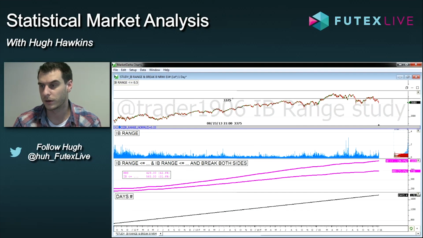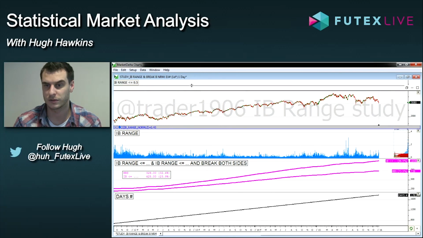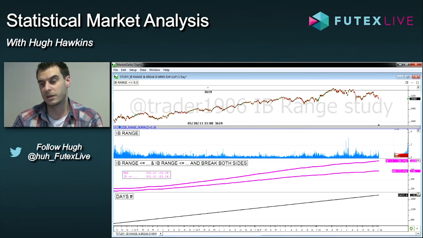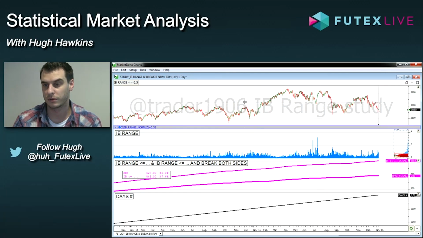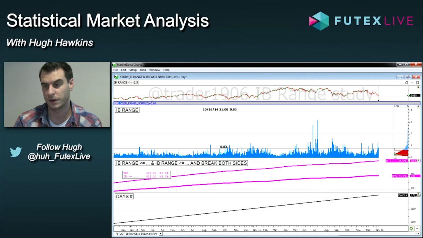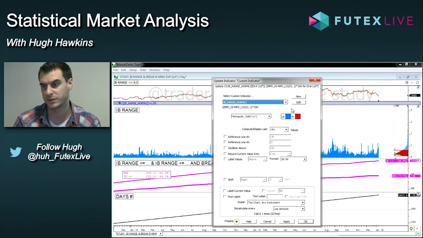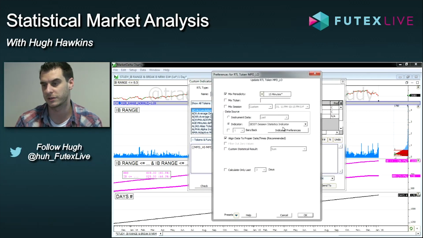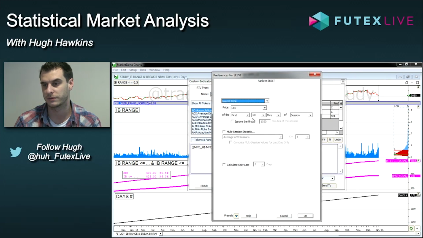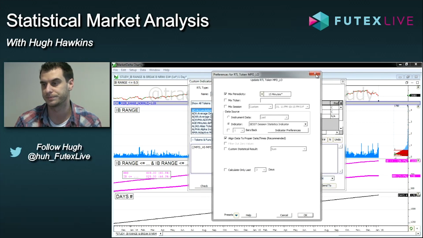It's the narrow IB stat. So it's pretty similar to the stat that you saw before, although I've changed a few things. I've created a normalized IB range here, very similar to what we were doing before with the high-low range. I've just done mixed periodicity data high minus mixed periodicity data low, and that's the first hour's high and low.